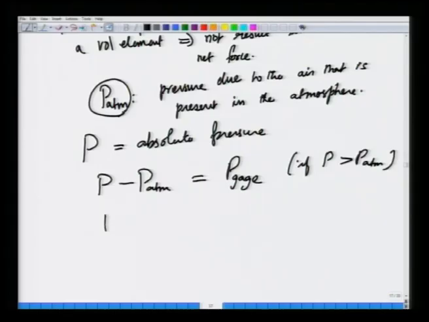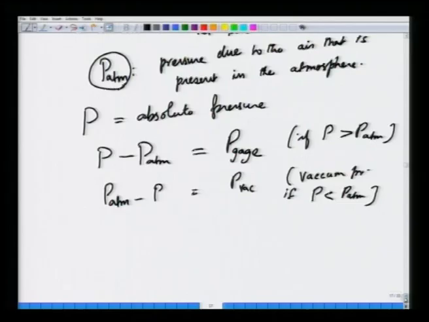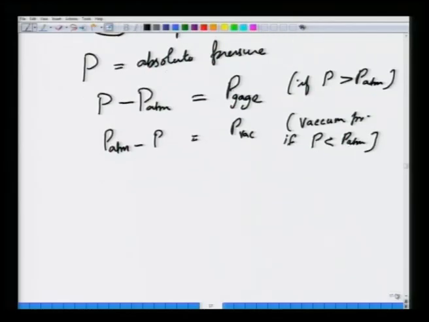If it is less, then the reverse of it is called the vacuum pressure, if P is less than P atmosphere. This definition just ensures that vacuum pressure is a positive quantity. Okay. So, a uniform pressure acting all around a body will not result in a net force.